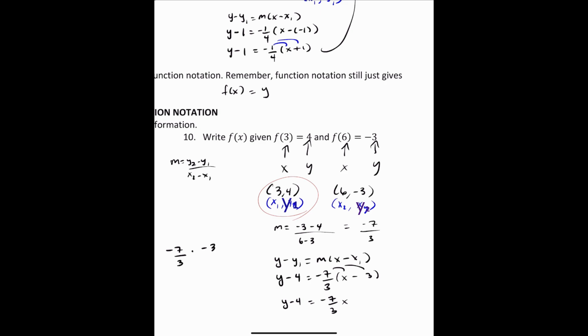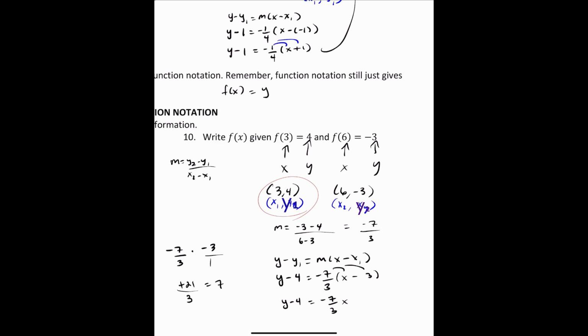So negative 7 over 3 times negative 3. Here's what I'm going to do: I'm just going to multiply straight across. So negative 7 times negative 3 is just positive 21. And then we have that 3, right? It's basically just 3 times 1. Okay? So positive 21 over 3 is just 7.